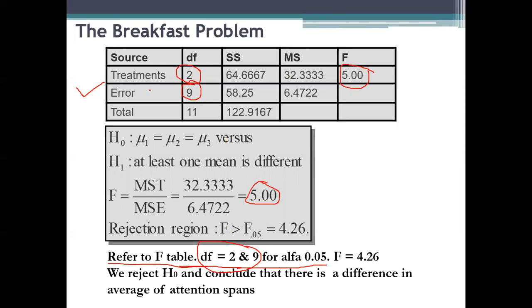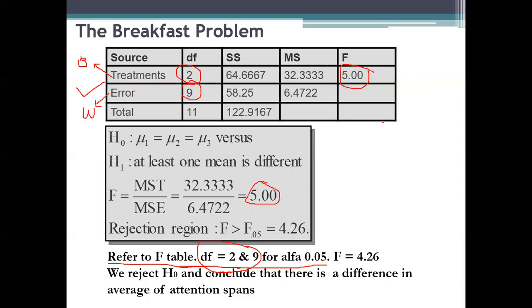Okay, and again, I want to emphasize that the degree of freedom of treatment is also referred to as the degree of freedom of between group, and the degree of freedom of error is also referred to as the degree of freedom within groups.